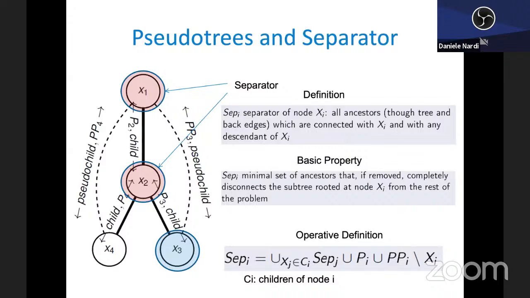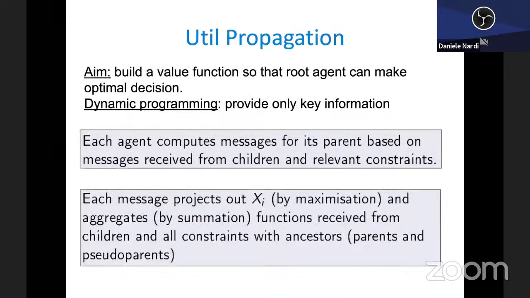So the separator is built by taking the separators of all the children, and in this particular case, there are no separators for the children because they are leaves. Then we have to take the parent, which is the letter P, and then we have to take the pseudo parents, and the pseudo parents will be x1 in this particular case.